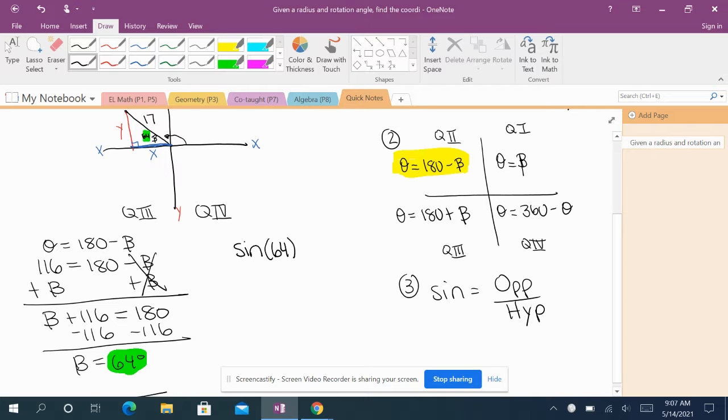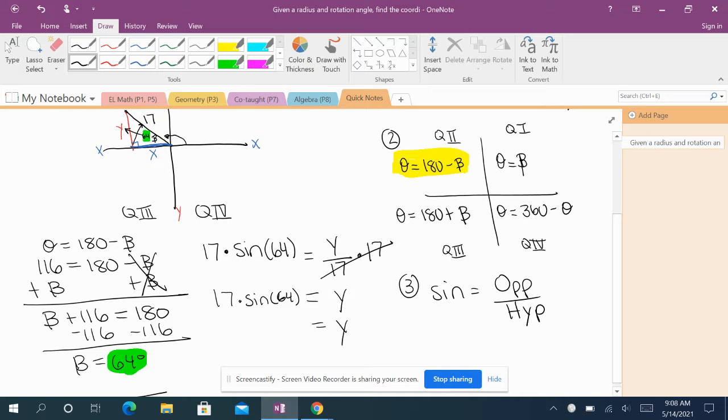The opposite of my angle is y, and the hypotenuse is always across from the 90-degree angle, so that's 17. Now we're solving for y by getting rid of the fraction, multiplying by 17 on each side. I'm left with my y value, 17 times the sine of 64.